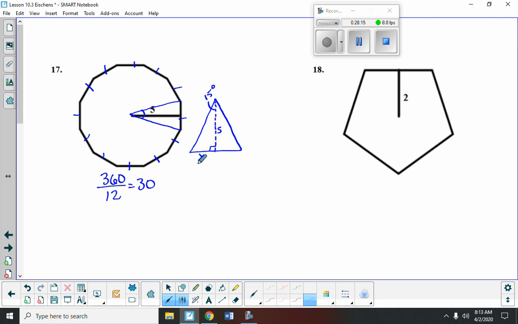So here we have the opposite. Here we have the adjacent. So again, we'll use tangent. So the tangent of 15 is equal to the opposite over the adjacent. Cross multiply. X equals 5 tangent 15.